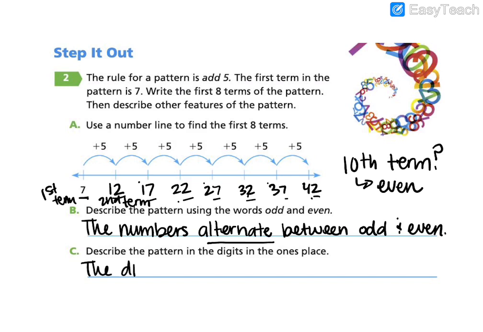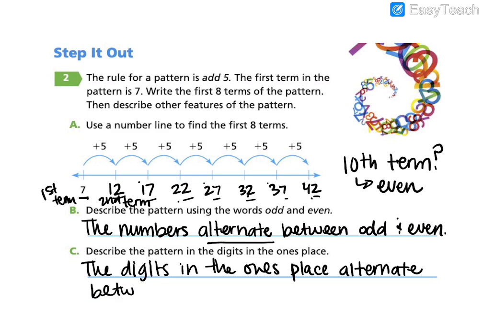So the digits in the one place alternate between 7 and 2. So if we were to look at my question about the 10th term, we know the 10th term is even, so it must have a 2 in the ones place.